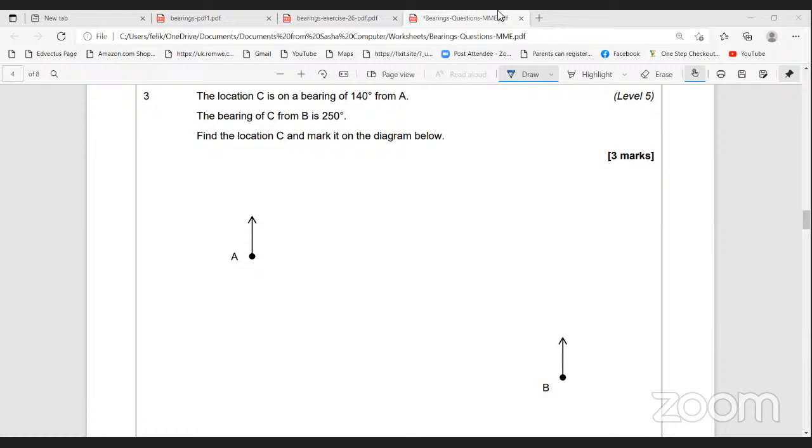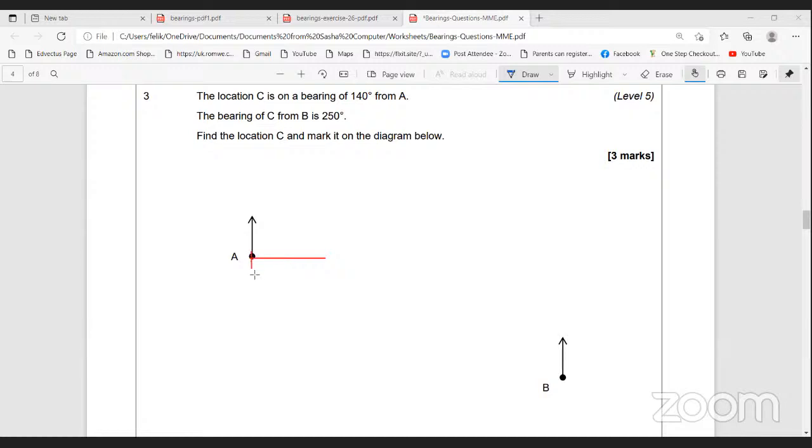So I want somebody to put that in for me, and you're going to estimate where 140 is. In estimating where an angle is, it is always good to know where the 90 degrees is. So that's 90 degrees.